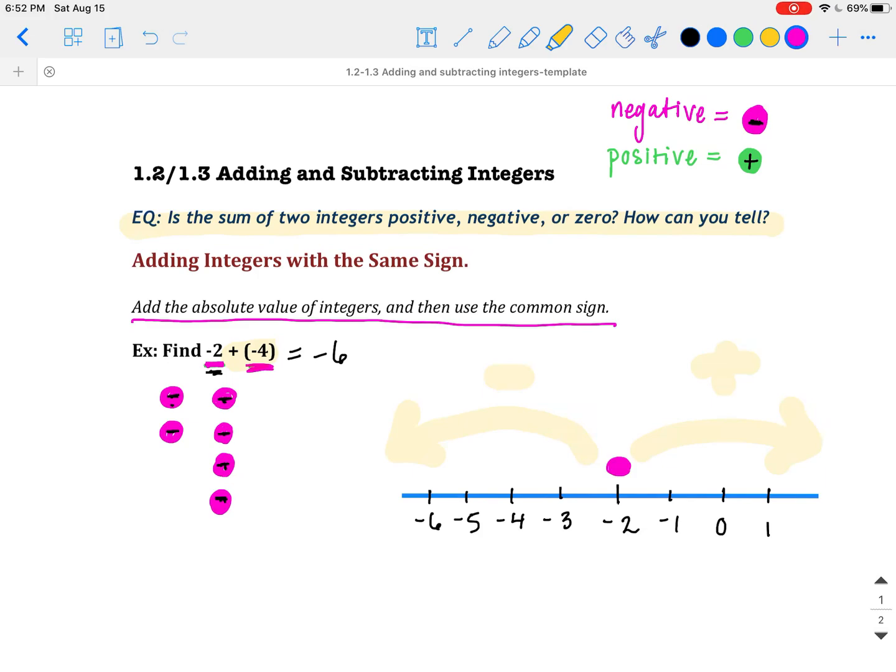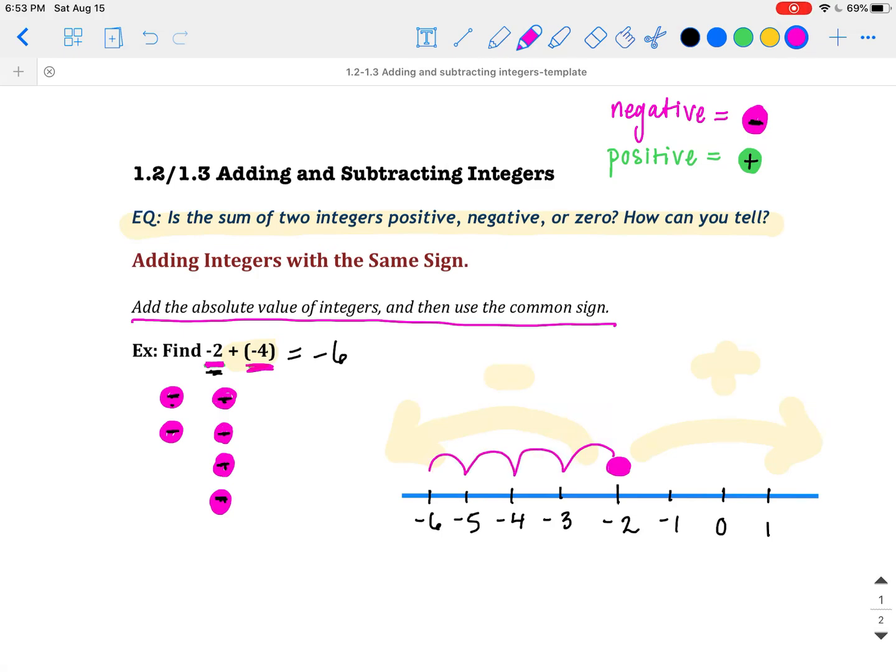So that means if we're adding a negative, we are actually moving to the left, because what I'm going to teach you shortly when we move to the subtraction section is that adding a negative is actually the same thing as subtracting. So we are going to move back to our -2, and in this case we want to move -4, so 4 to the left.